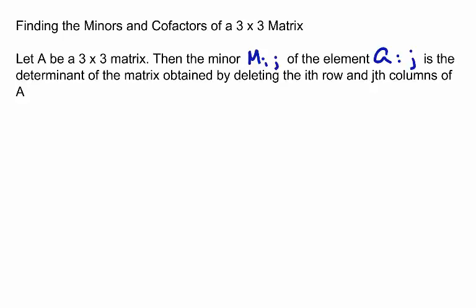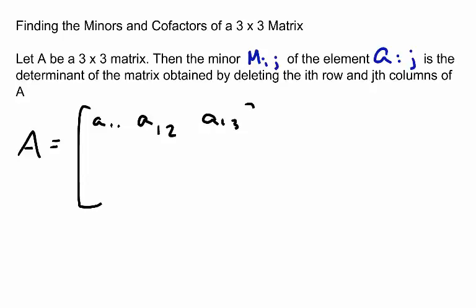In other words, we have a 3 by 3 matrix A, where our first entry is A 1, 1 for the first row and first column. Then we have A 1, 2 and A 1, 3 for the first row and third column.